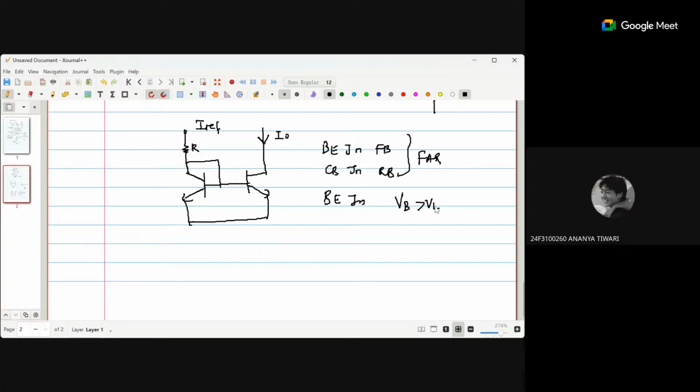It should be greater than. Correct? Then the collector base junction should be reverse biased, which means VC should be greater than VB.